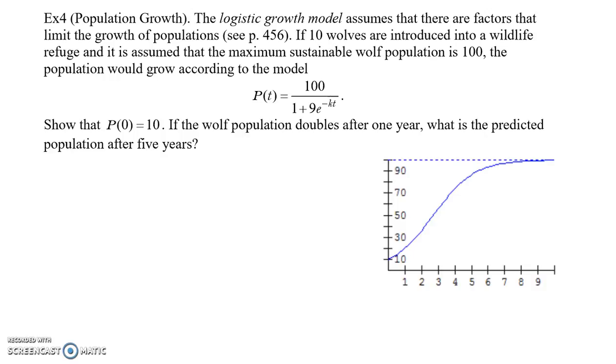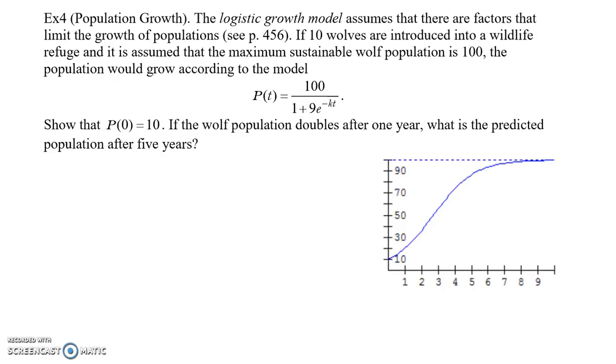If 10 wolves are introduced into a wildlife refuge, and it's assumed that the maximum sustainable wolf population is 100, the population would grow according to the logistic model P of t equals 100 over 1 plus 9 e to the minus kt. Notice the graph shows what's called a logistic curve or a sigmoid curve. It's kind of an elongated S shape.